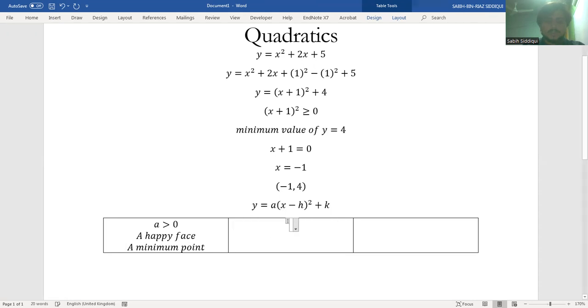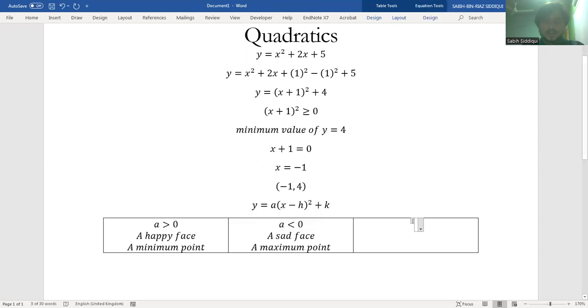And if a is negative, we get a sad face, which means that the quadratic will have a maximum point.